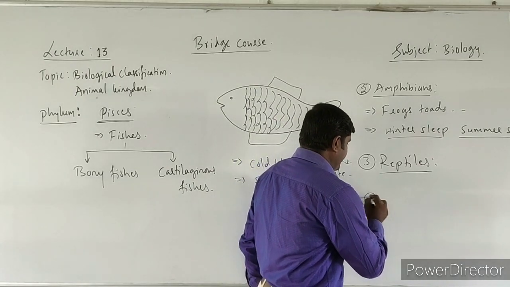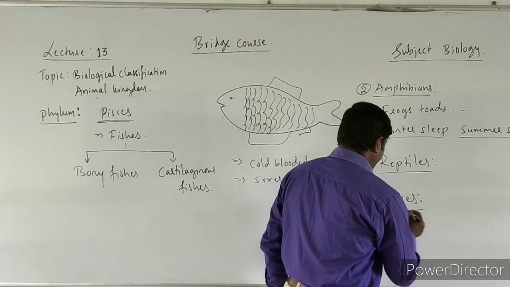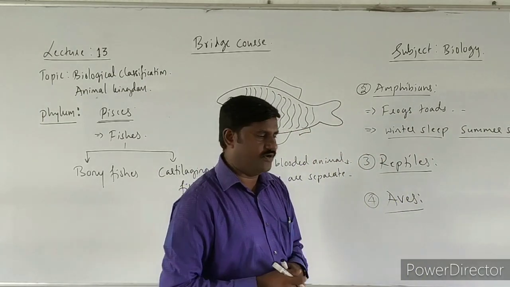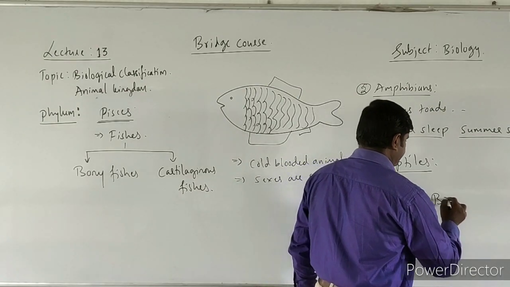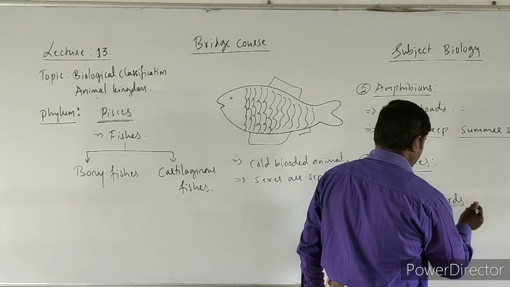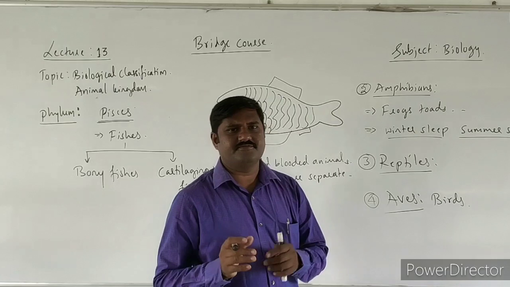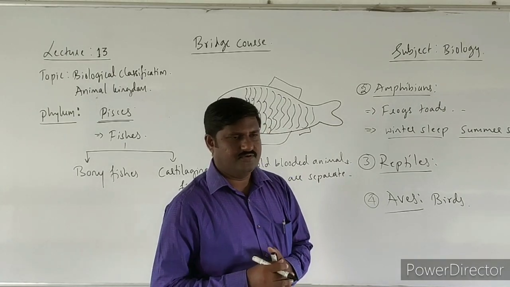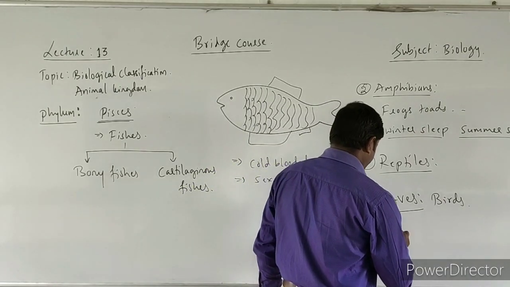And the next group of animals is Aves. Aves includes all kinds of birds. Birds have an exoskeletal system.